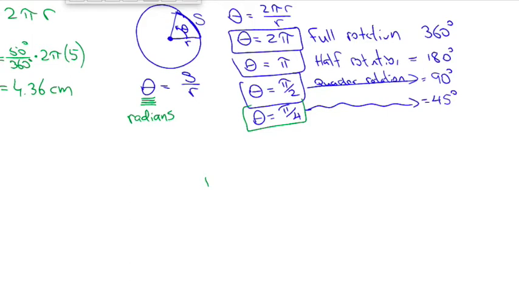And it only has this relationship to go by so far. So what I need to do is come up with a way of finding any degrees in terms of radians. The one I usually choose is this one: pi is equal to 180 degrees.